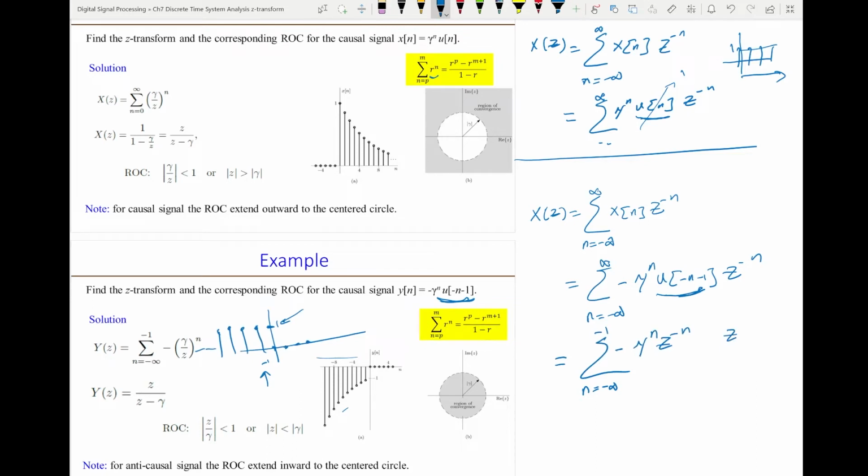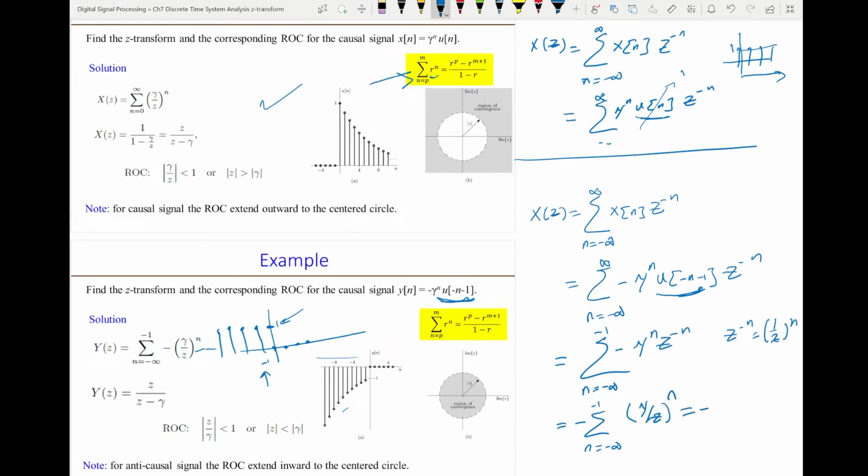Again, z to the minus n is the same as 1 over z to the power of n. So I can rewrite the summation from n equals minus infinity to minus 1. I bring the minus outside the summation, and this is gamma over z to the n. And if I use this, it will be exactly the same as the one we did in this example.